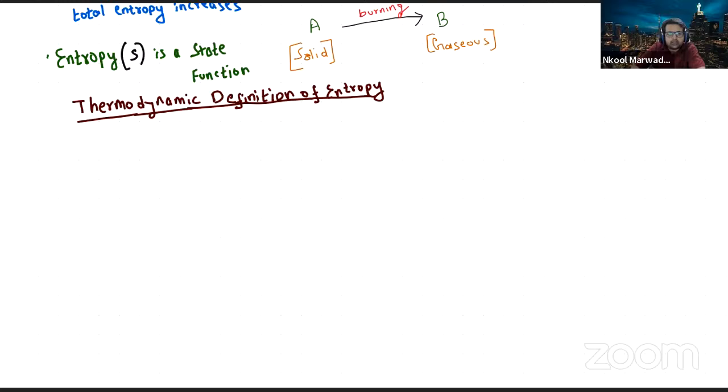Now the change in entropy, from an experimental perspective, if we try to understand entropy, like we have been discussing, the delta S, the change in entropy.